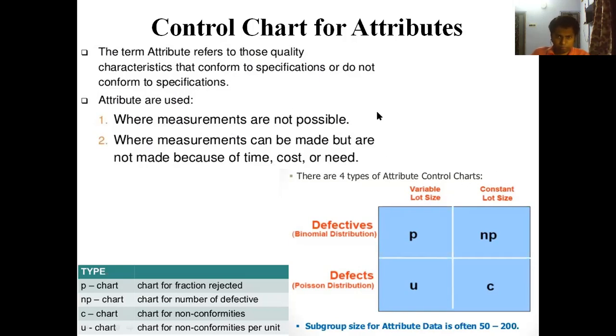So there are four types of attribute control charts: P chart, NP chart, U chart, and C chart.